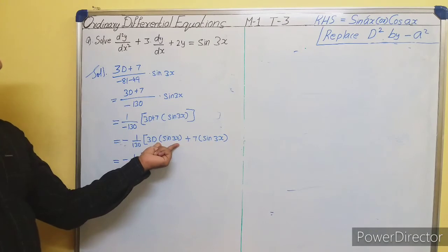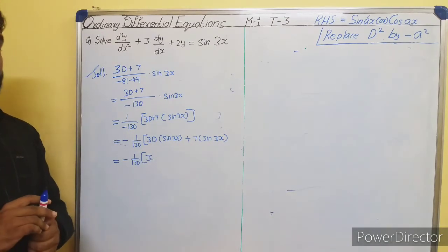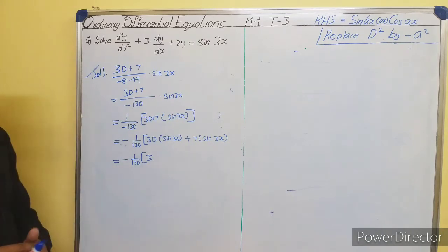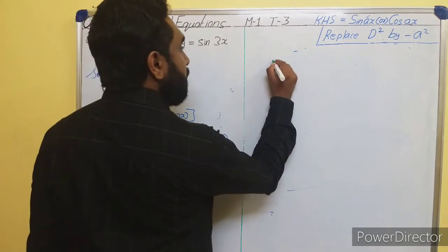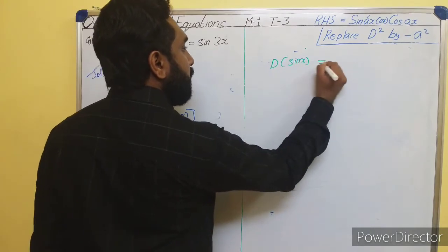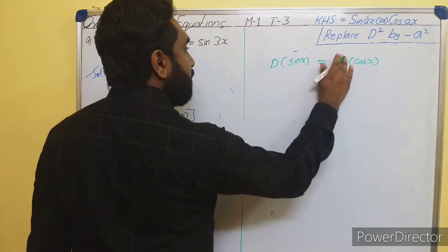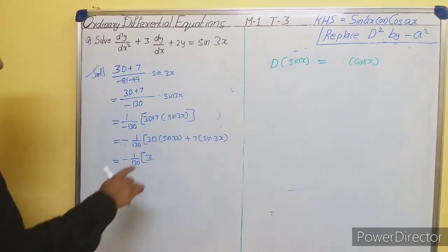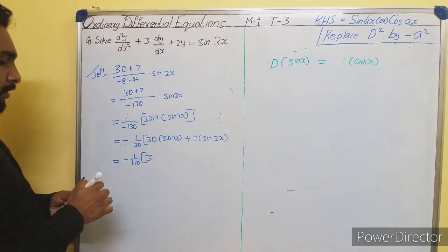Now D of sine 3x means differentiation of sine 3x. So what is differentiation of sine x? It is cos x, as we know. So we are having sine 3x here, so what will it be?